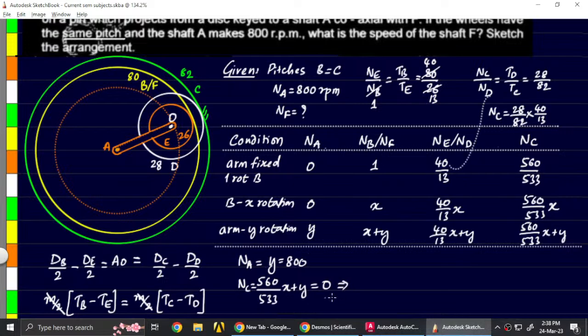Now using this relation we can find the value of X, and that will be minus 800 into 533 by 560.